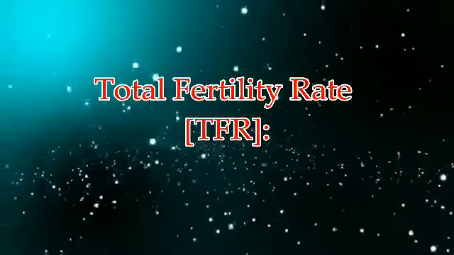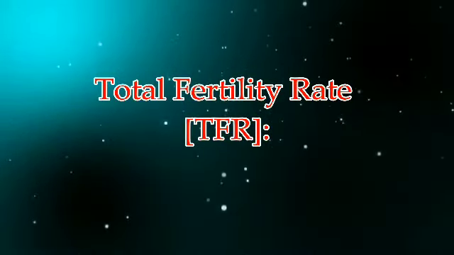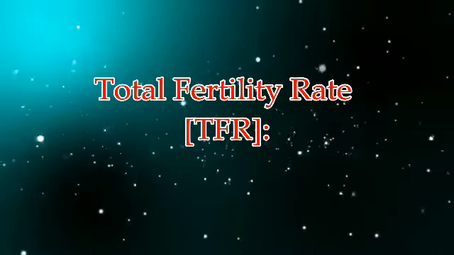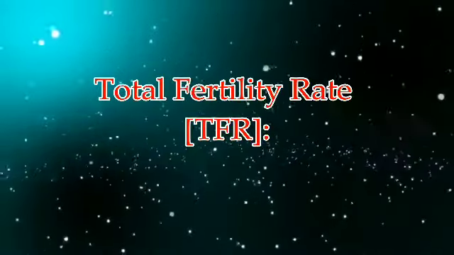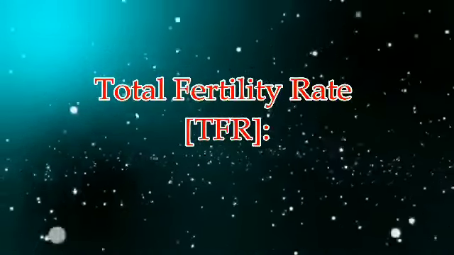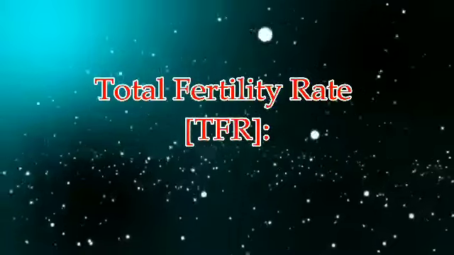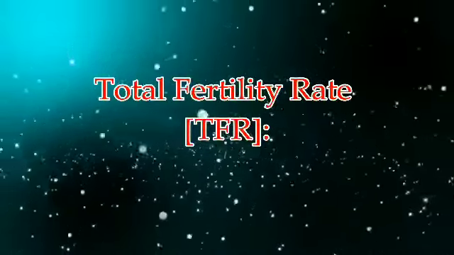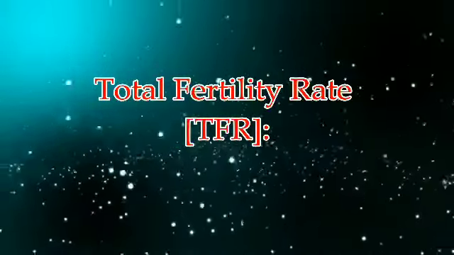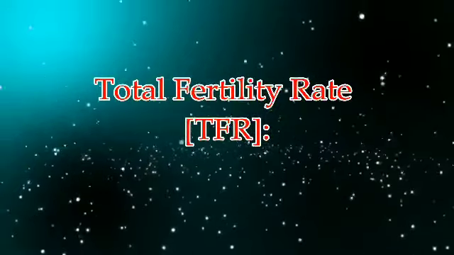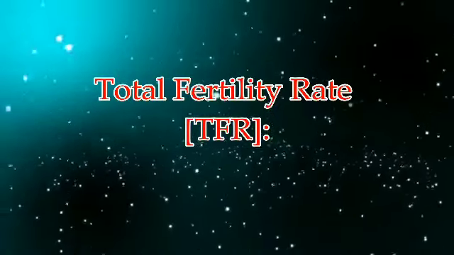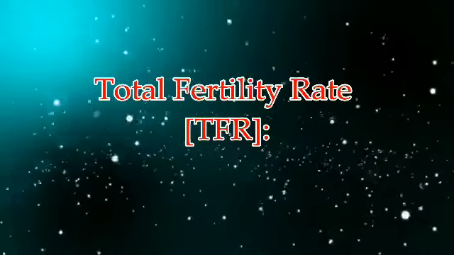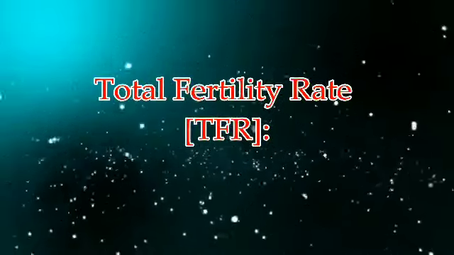As we all know, total fertility rate or TFR is the only measure which can be used for comparing fertility between two or more populations. So, in today's session, let us solve problems based on a single population and two populations.